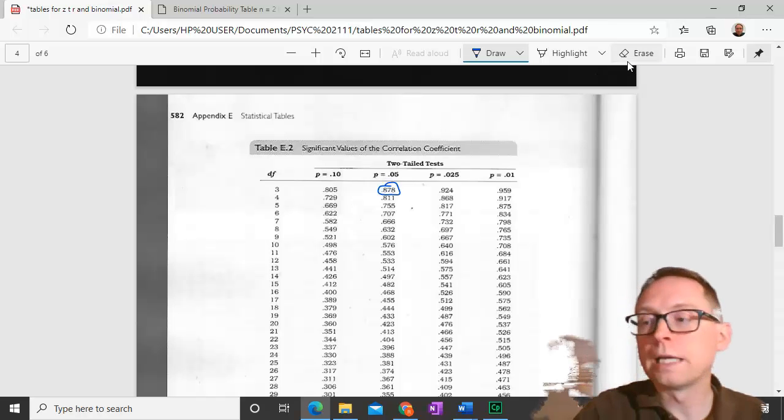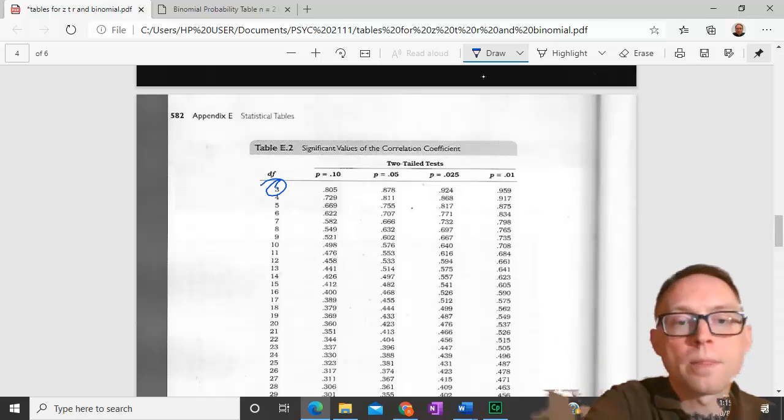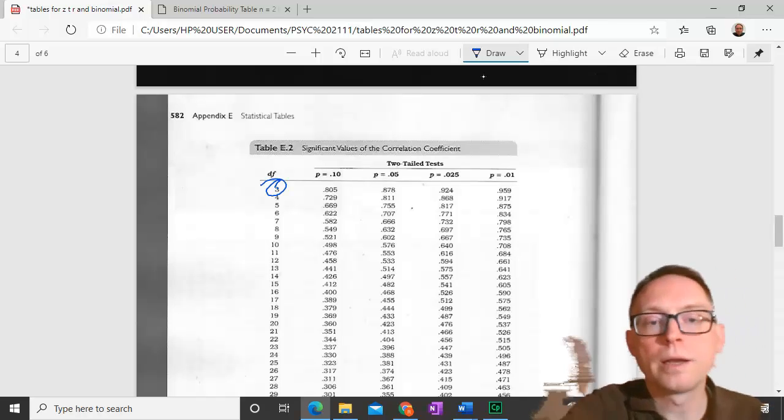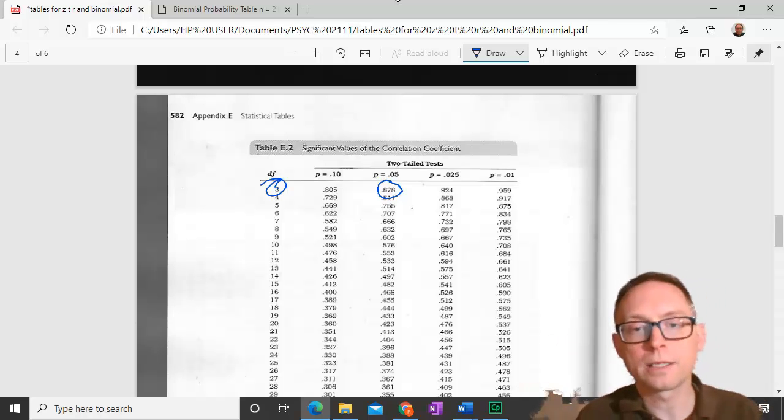In order to use this correlation table, I just look and say, okay, my degrees of freedom is 3, right? Because it's n minus 2 and n is 5. We have 5 people. That means I need to get an R of at least 0.878 or negative 0.878 in order to reject the null hypothesis.